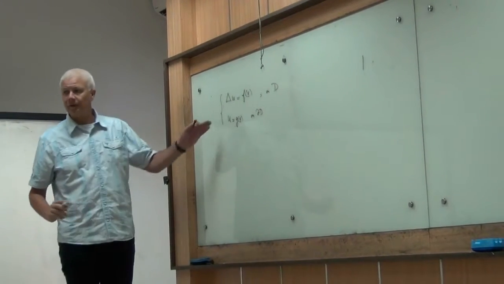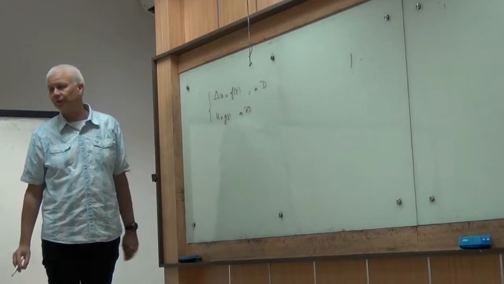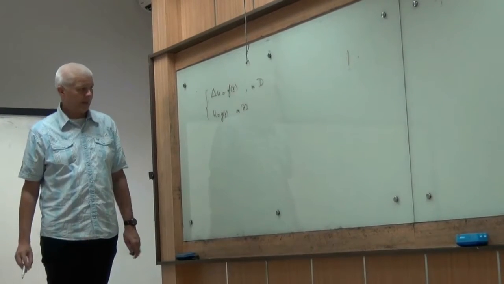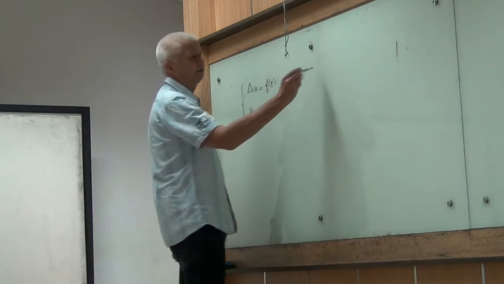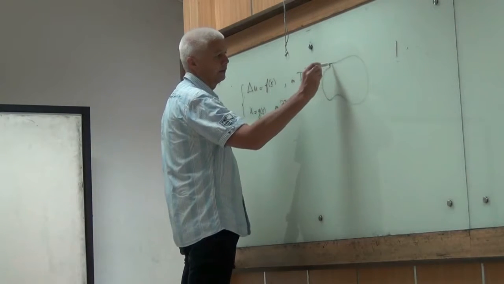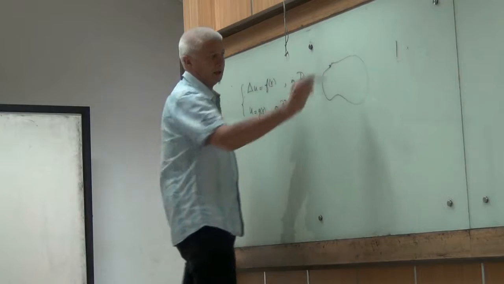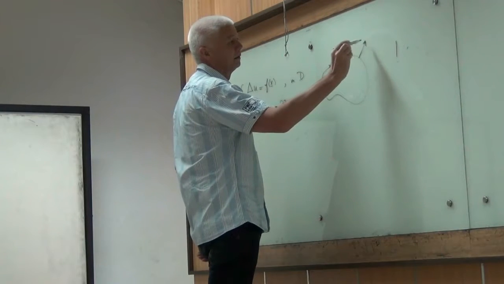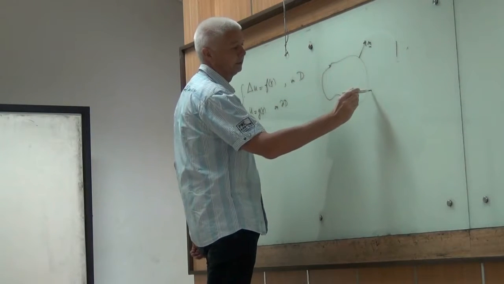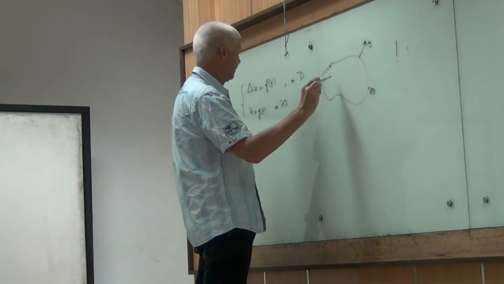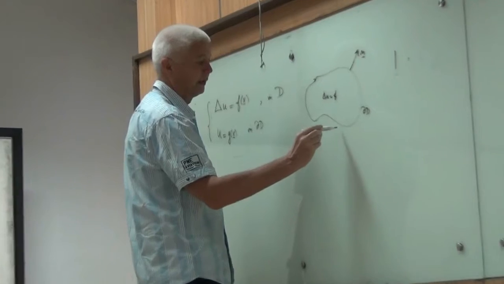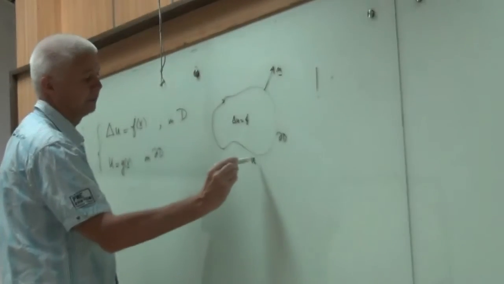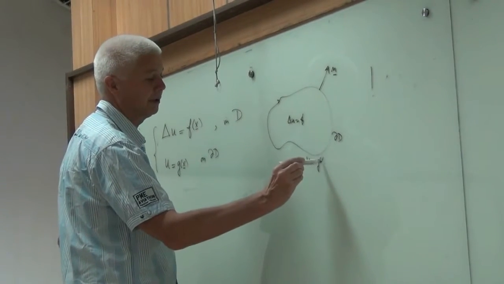And we will look at different types of domains. Sometimes there might not be a boundary. But the essential idea will always be that we have some kind of domain. We have an outward normal vector. This is the boundary. Here inside we have f, and on the boundary we specify, in this case, u is equal to g(x).